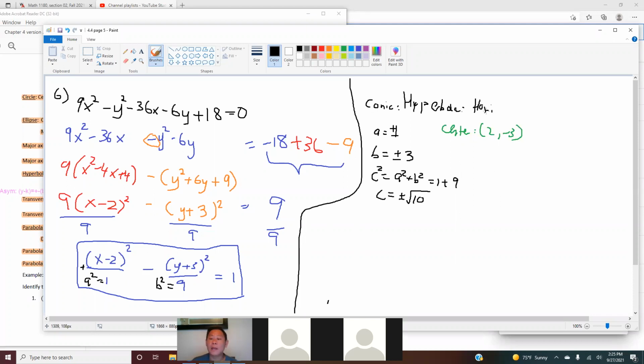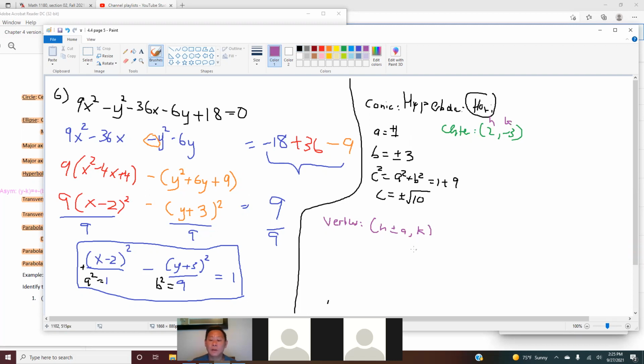Okay. And again, since it's horizontal, if you want to find the vertices, your vertices in this case will be h plus minus a, k. Don't forget, for the horizontal one, the a, your x, is the one that you have to add on or subtract. So again, your h is 2, your k is -3. So what do you get here?